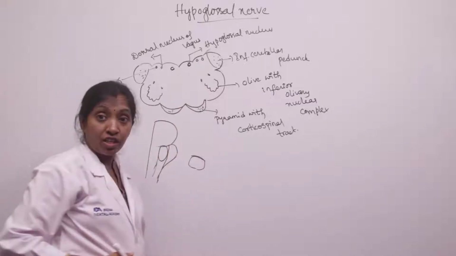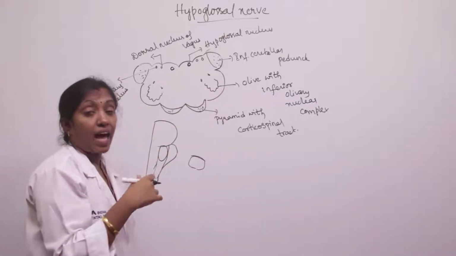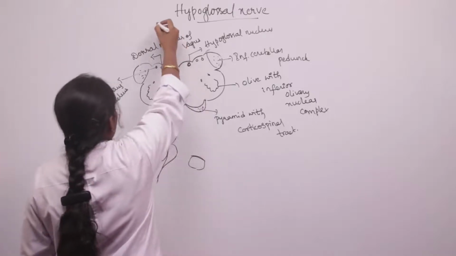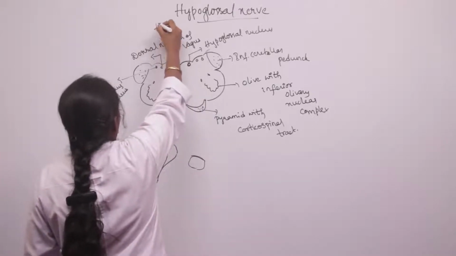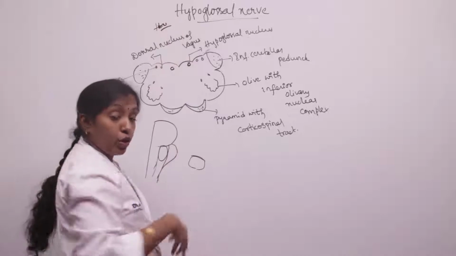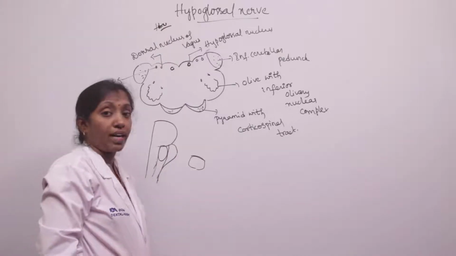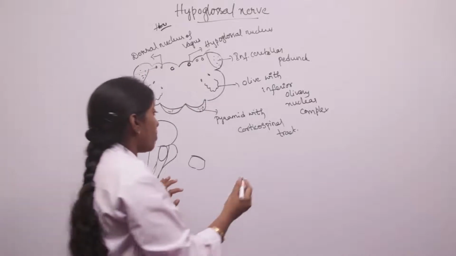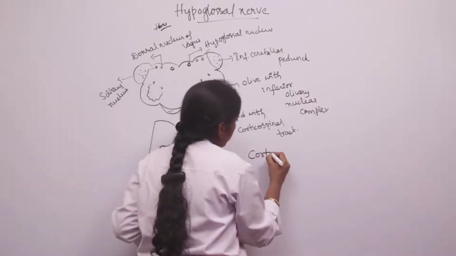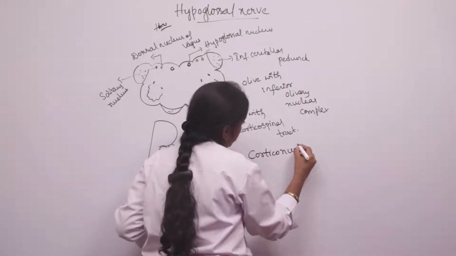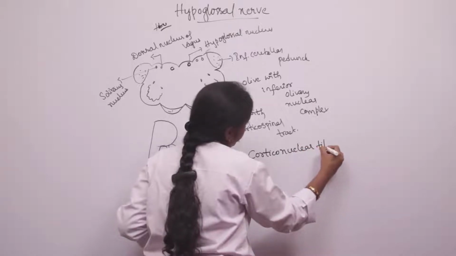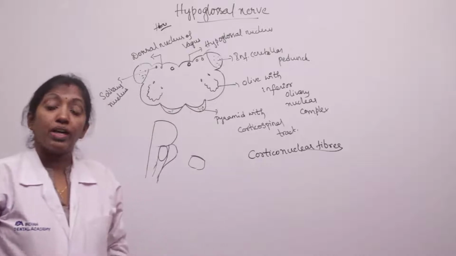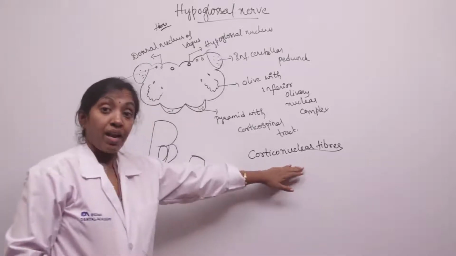This hypoglossal nucleus receives corticonuclear fibers from the cerebral cortex.